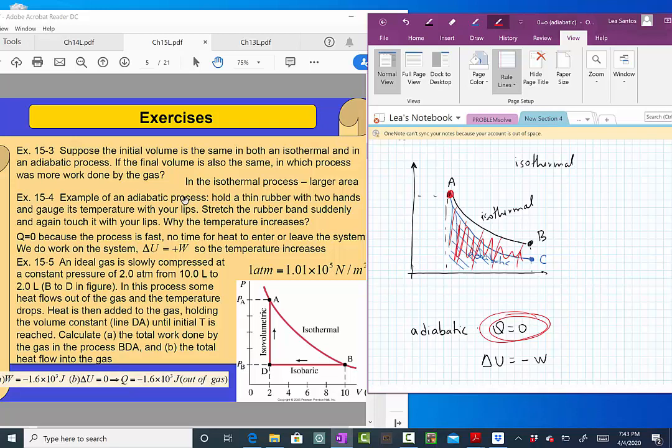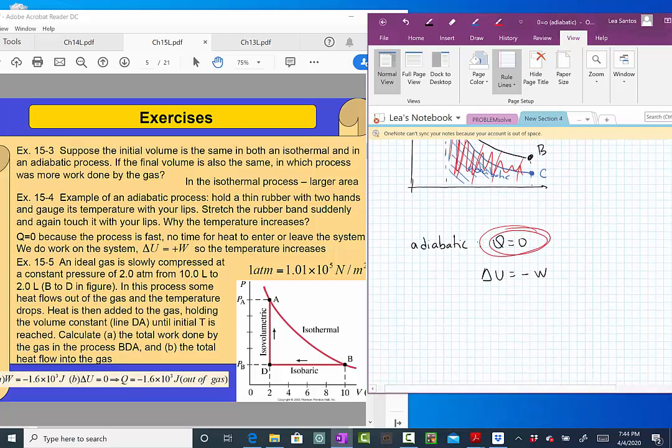Something that I used to do a lot when I was a child, and I bet many of you did the same kind of game, which is get a thin rubber band, and then you touch it with your lips, and then suddenly, boom, you stretch it really quickly. And if you touch it with your lips, you will feel that the rubber band gets a little warmer after expanding.